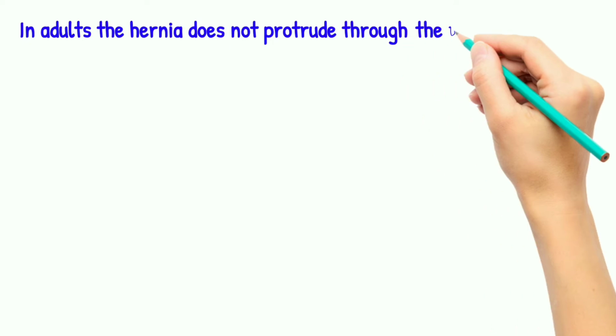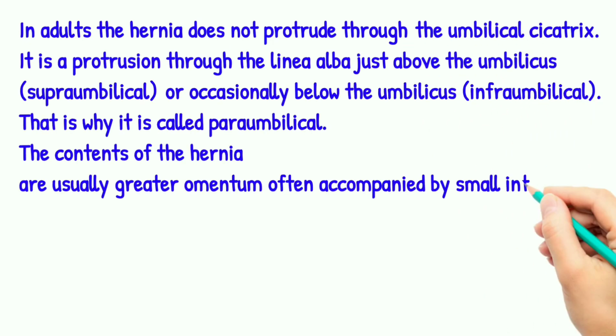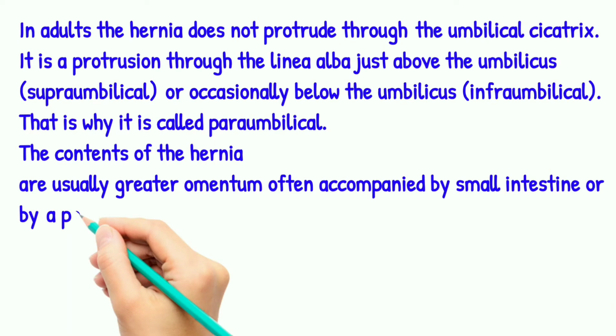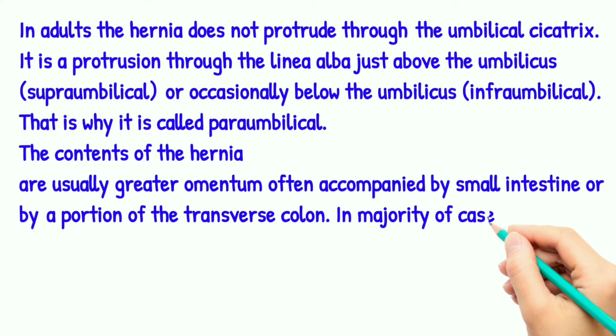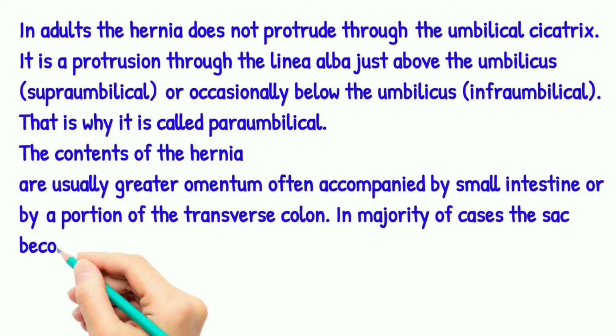Now let's see the hernia in the adults. The hernia does not protrude through the umbilicus. It is a protrusion through the linea alba just above the umbilicus or occasionally below the umbilicus. That is why it is called para-umbilical. The contents of the hernia are usually greater omentum, often accompanied by small intestine or a portion of the transverse colon.